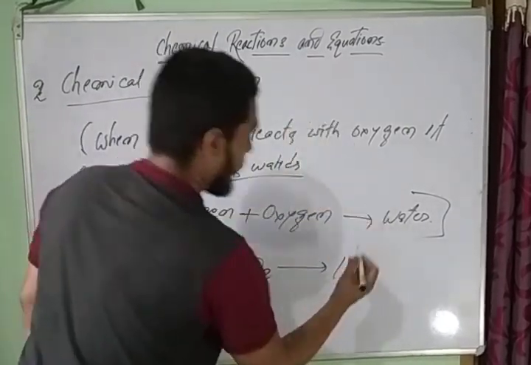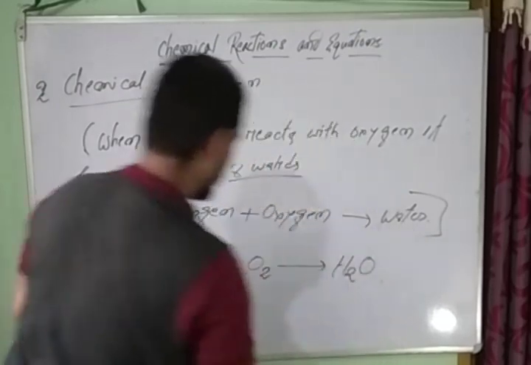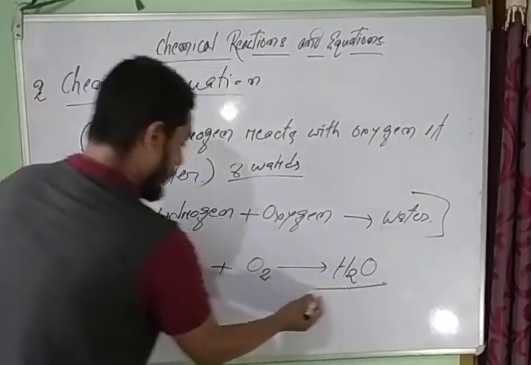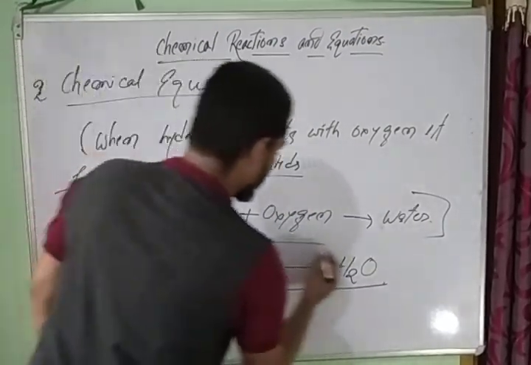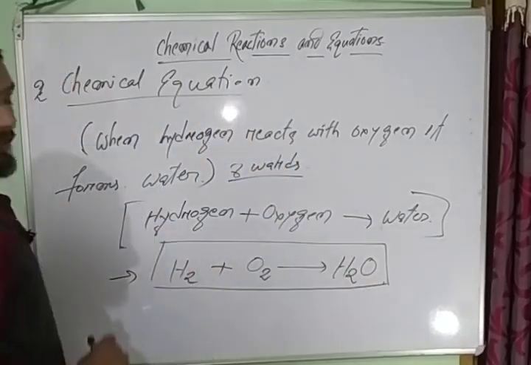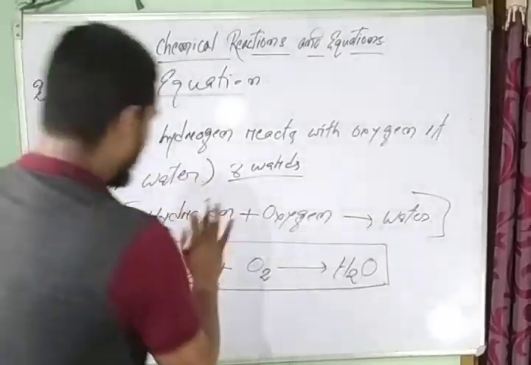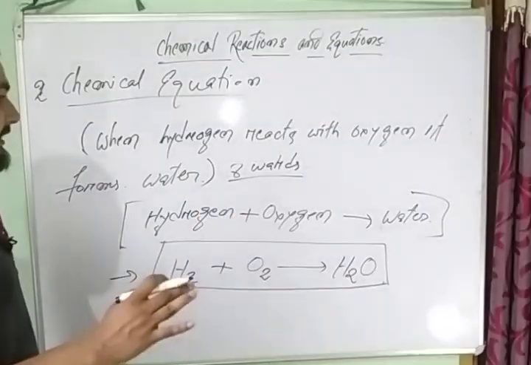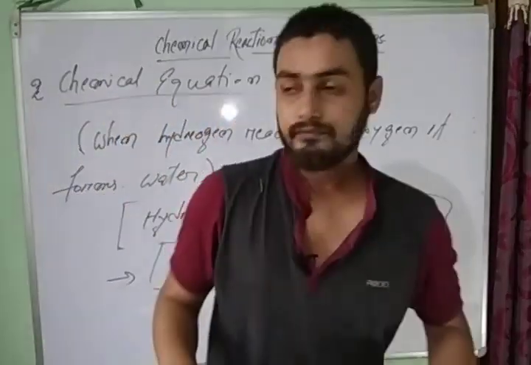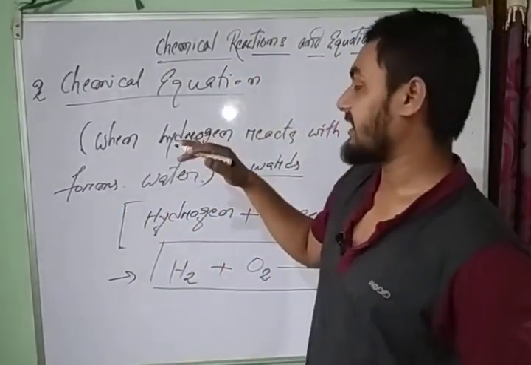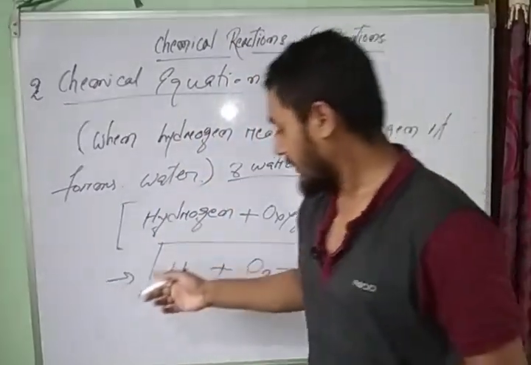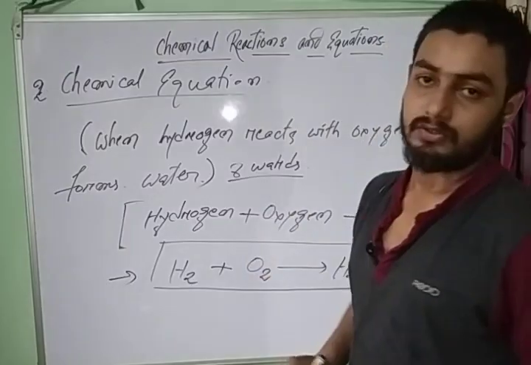The chemical formula of water is H2O. So this is more concise and simple compared to this one, and this is more simple compared to this one. So the process by which we represent or explain a chemical reaction is the chemical equation.